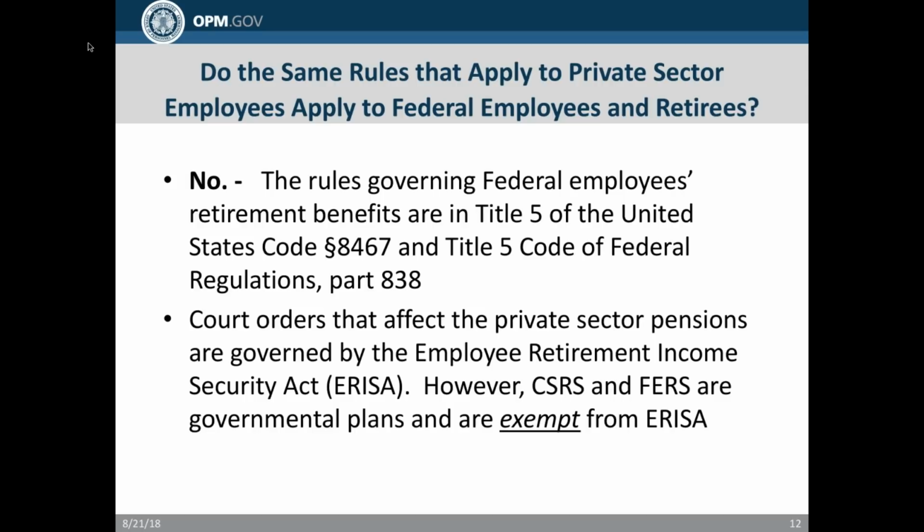Court orders that affect private sector pensions are governed by the Employee Retirement Income Security Act, also known as ERISA. However, CSRS and FERS are governmental plans and are exempt from ERISA. So this is very important. A lot of people will try to submit qualified domestic relations orders, which are normally governed under ERISA.